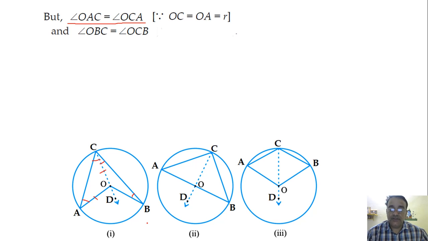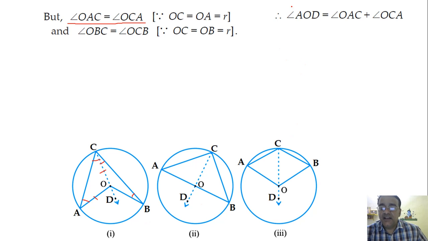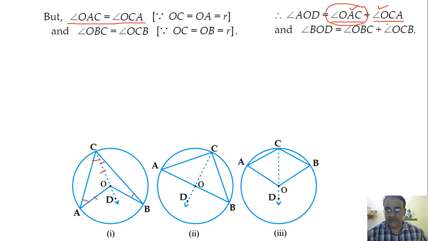Now see, angle AOD is angle OAC plus angle OCA, and these two are equal, right? So we can write this angle as angle OCA, so it will become 2 times.